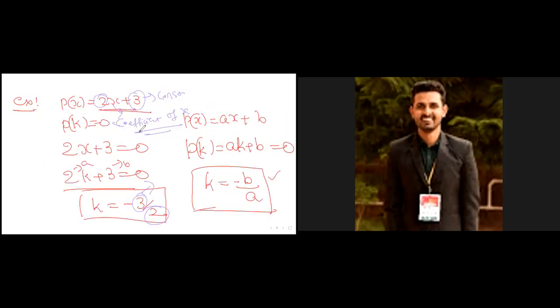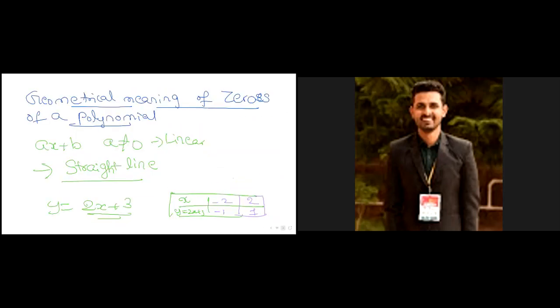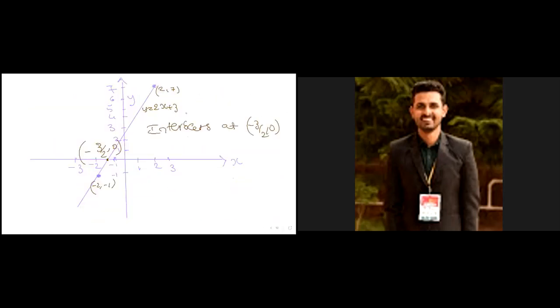Look at this, 2x plus 3 has its zero at minus 3 by 2. That means if I plot a line using that equation, it will intersect exactly at minus 3 by 2 on the x-axis.